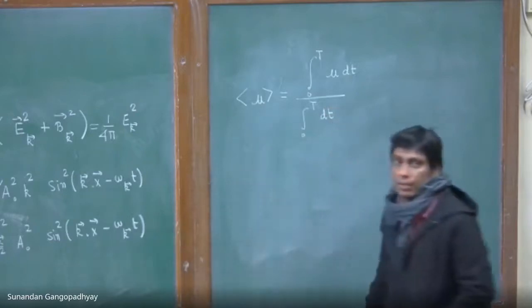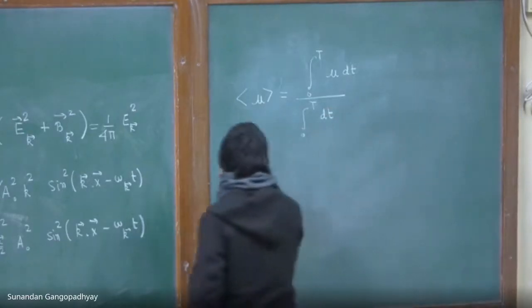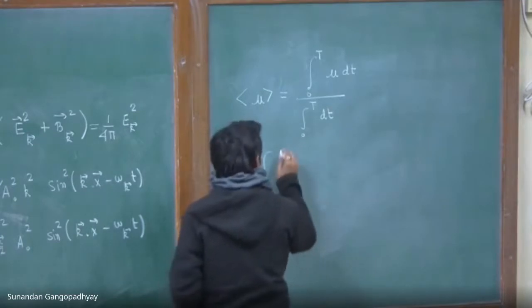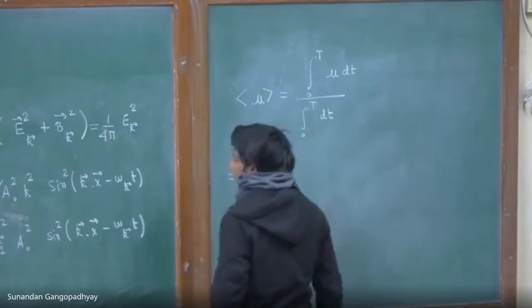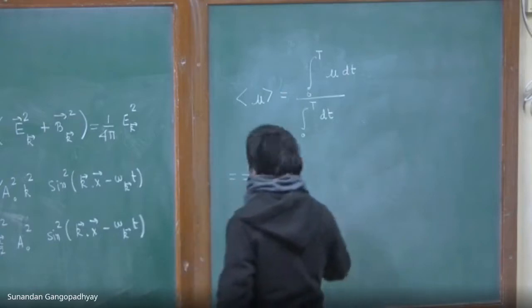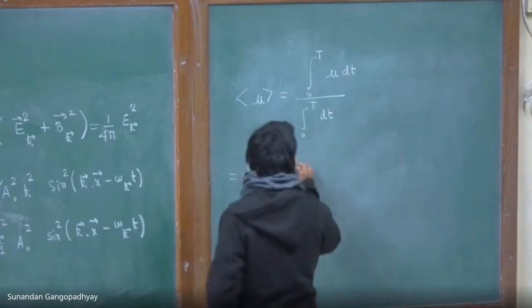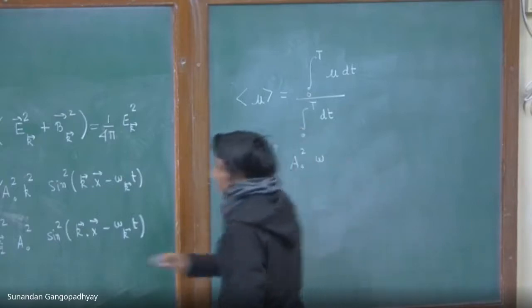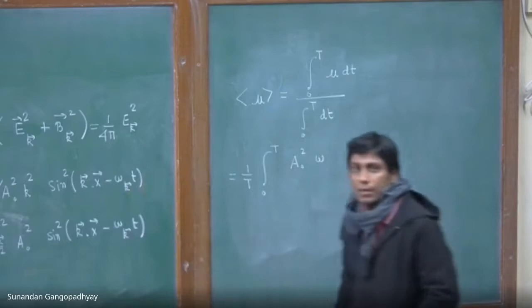Let us calculate this. So this will give us 1 by T integral 0 to T, and this will be A0 square omega. I'm not writing the suffix anymore, I'm just skipping the suffix.